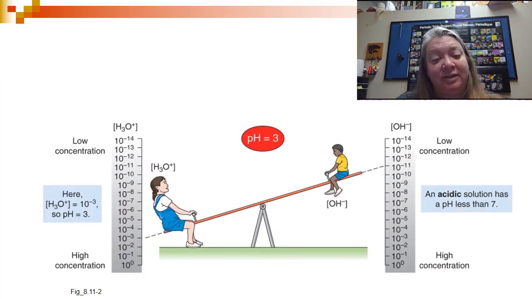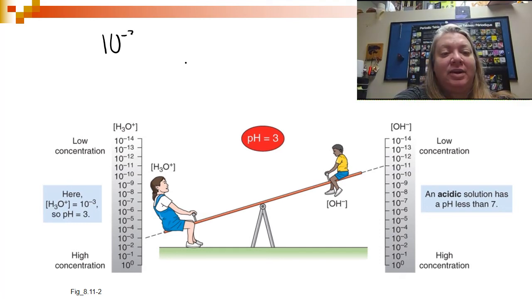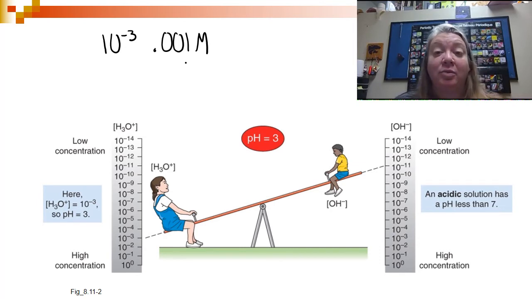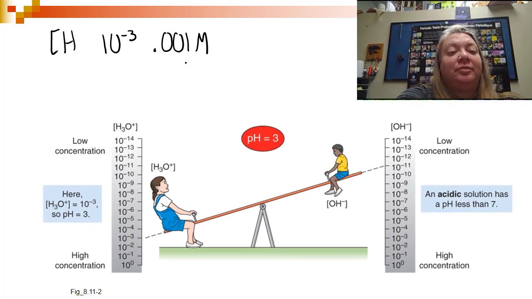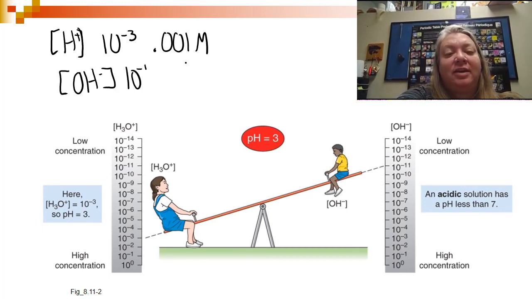Now, in this case, the little girl on the left-hand side went to the bottom. And if you notice, it's got a bigger size. So if we look at the hydronium concentrations, our H plus is 10 to the negative 3, which is 0.001, and these are, again, molarity because it's actually a concentration. If we compare that to our hydroxide, the hydroxide is 10 to the negative 11.